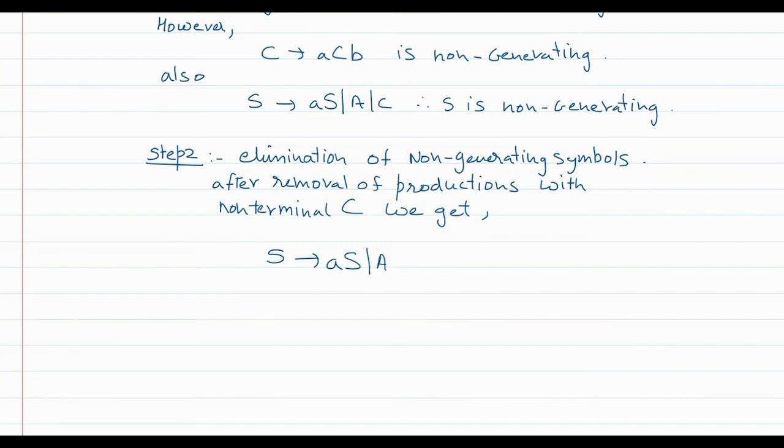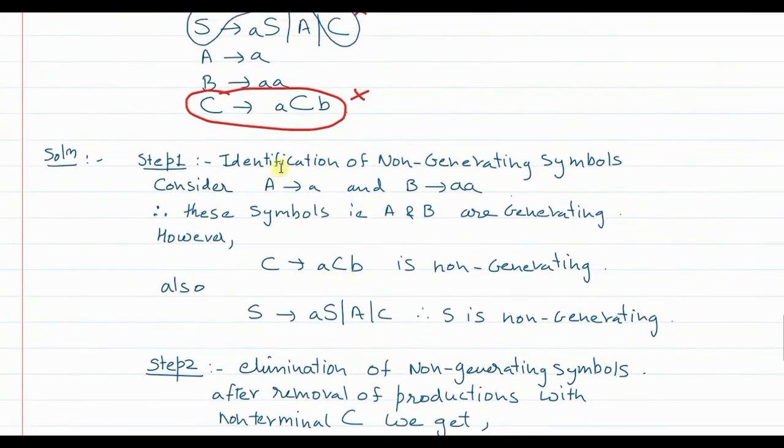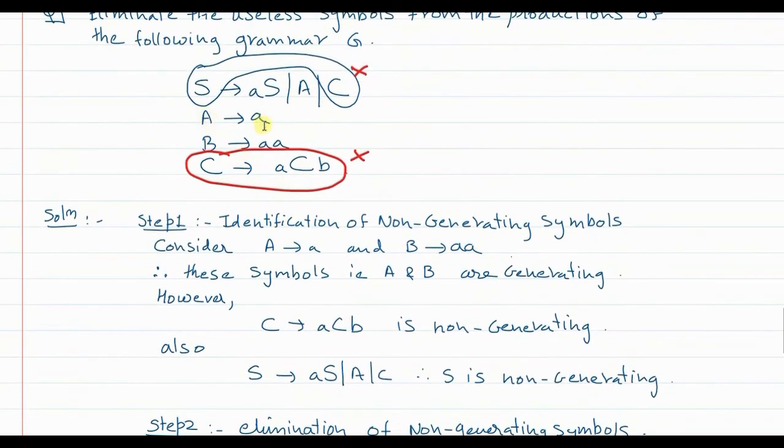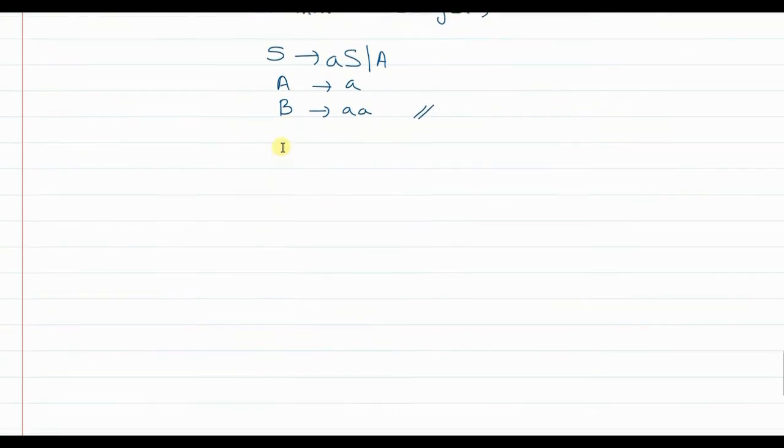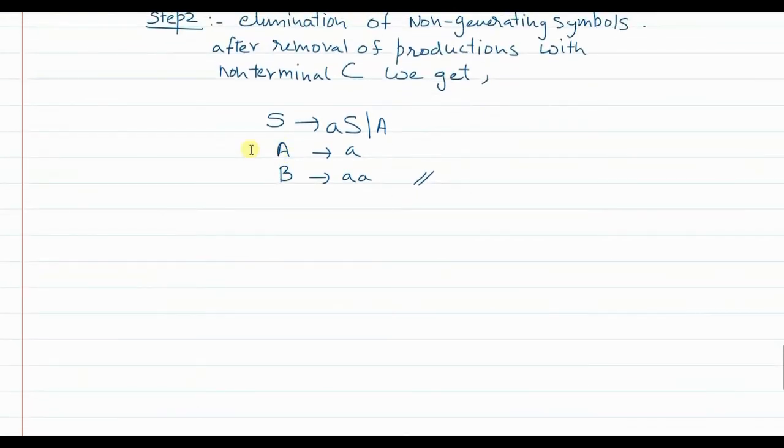And only these will remain: A gives a and B gives AA. So these are the three productions which you are going to get after eliminating the non-generating symbols.